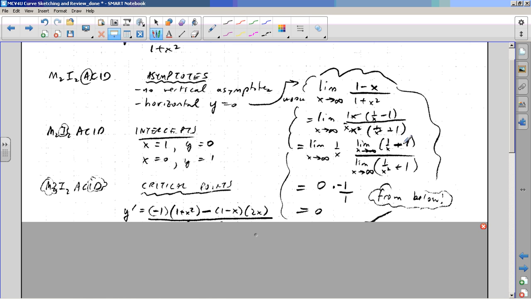So here we've got a number that's a little bit bigger than -1, like -0.9, because this is positive, and the bottom part is a little bit bigger than 1. So we have -1 divided by 1, which is going to be from below. So it's going to be a little bit less than -1, a little bit lower than -1. So it's going to approach from below.